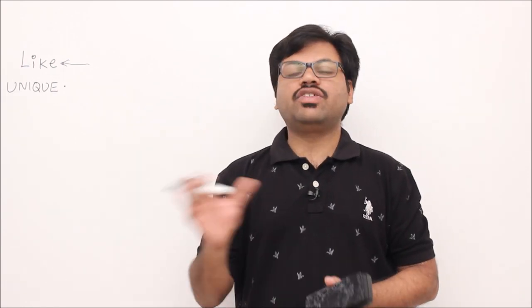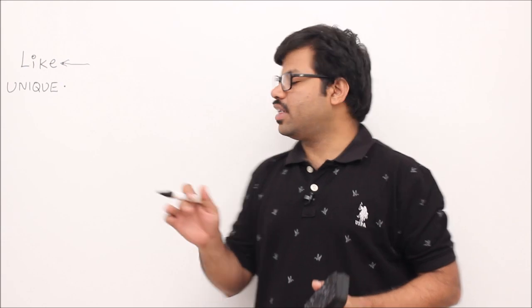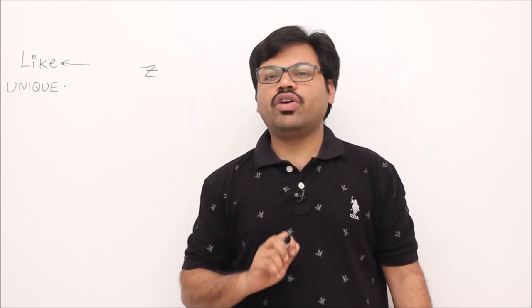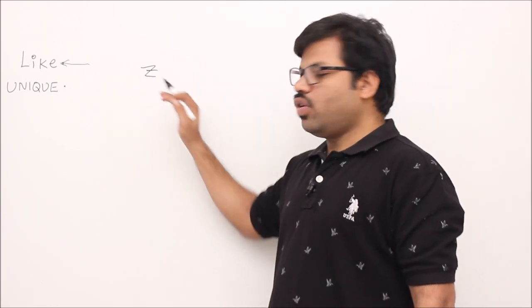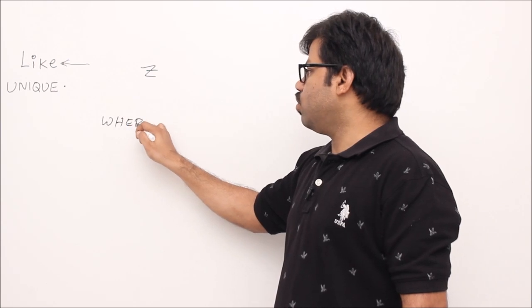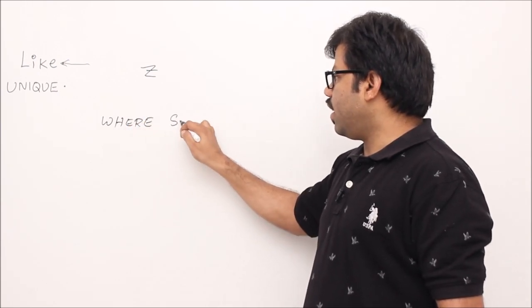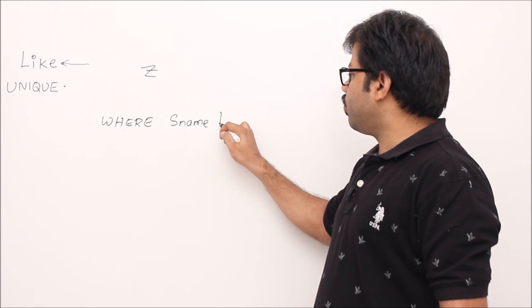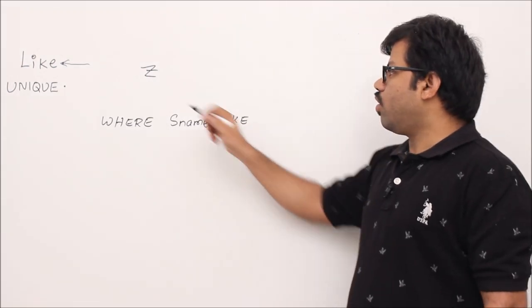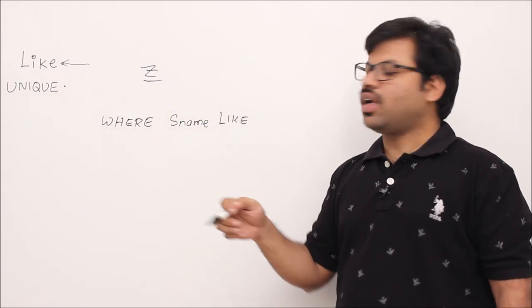Example, I want to find sailor names whose name ends with a letter like Z. So you know that your friend's name ends with Z, you don't know anything else, then how to write it? I don't write the complete query, only the essential syntax. In the where clause you write like this: where sailor name like. Now we'll try to generate the code for it. Your friend's name ends with Z. What about the other characters?